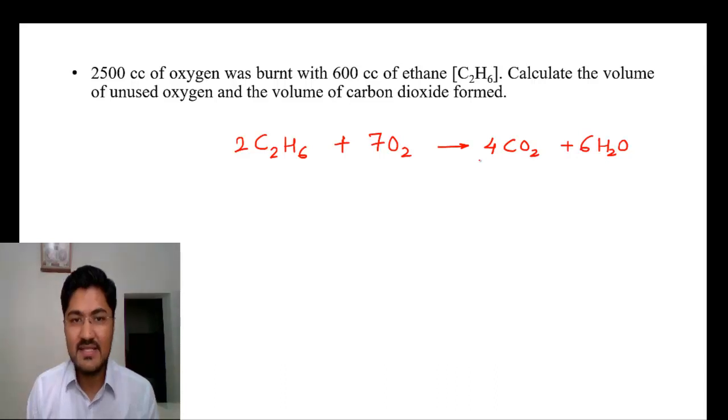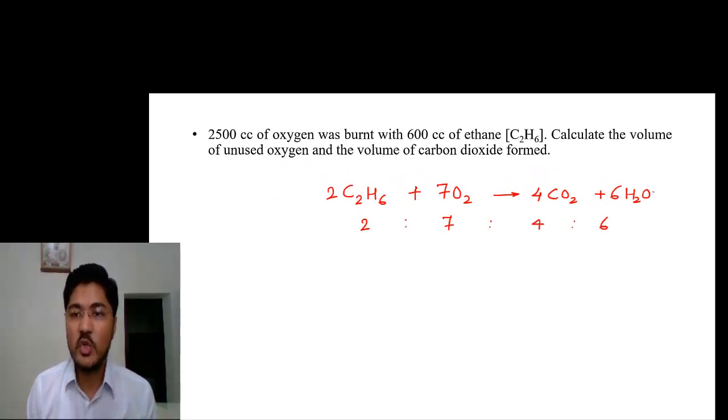So this is a balanced equation. Now let's apply Gay-Lussac's law, which states that the combining volumes are constant. That is 2 is to 7 is to 4 is to 6, assuming that H2O is not a liquid but a gas here.